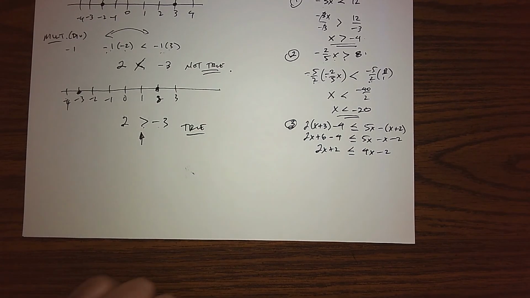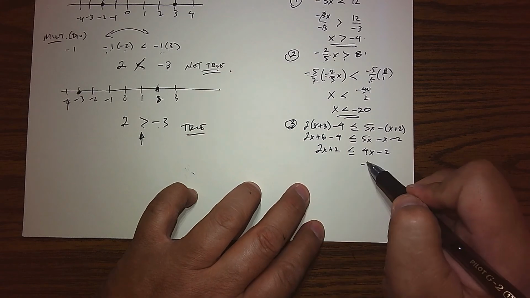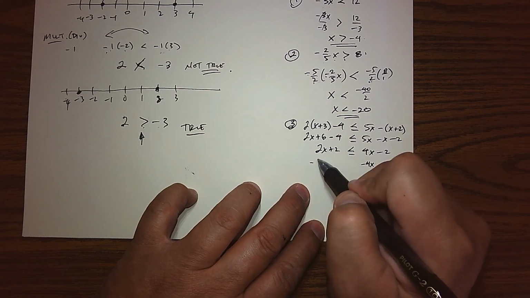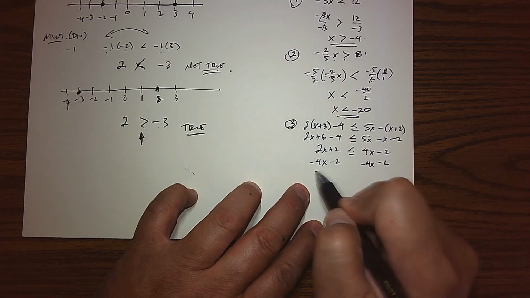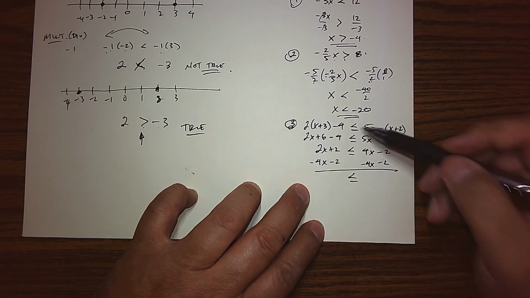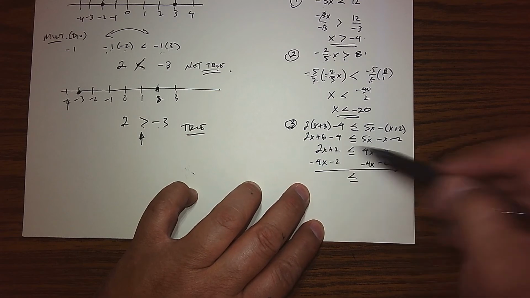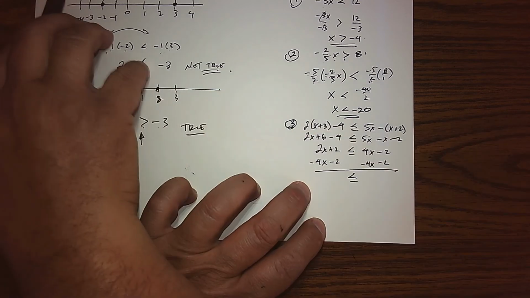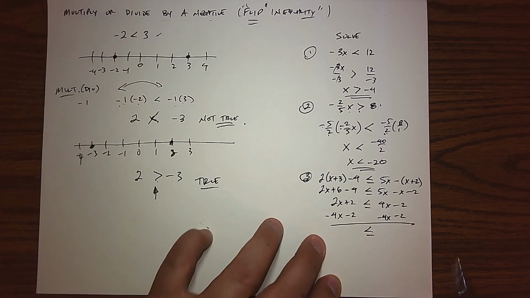Then, collecting like terms, perhaps I subtract 4x from both sides, and while I do that, I can subtract 2 from both sides. And notice the inequality is not changing yet, because all I've been doing is adding and subtracting. I have not multiplied or divided by a negative in any of my work yet.